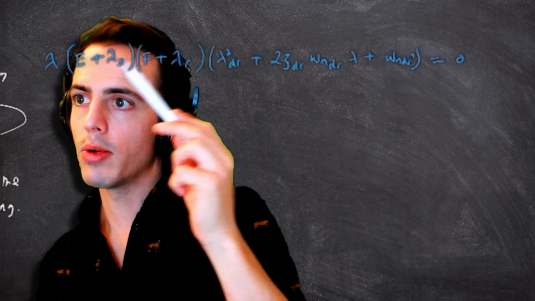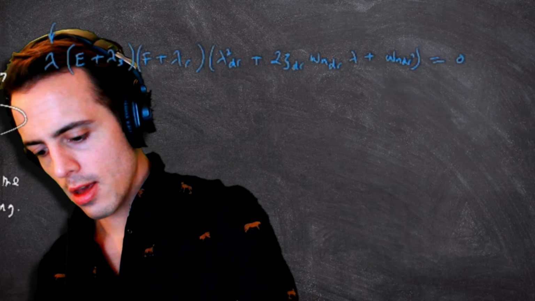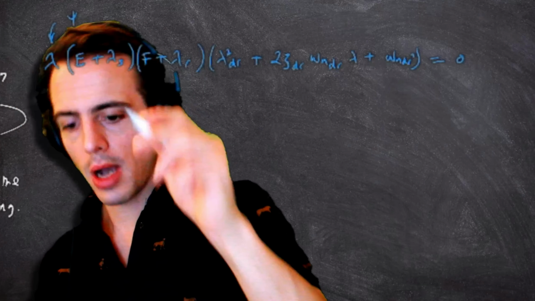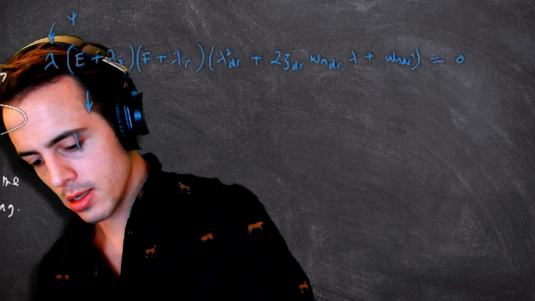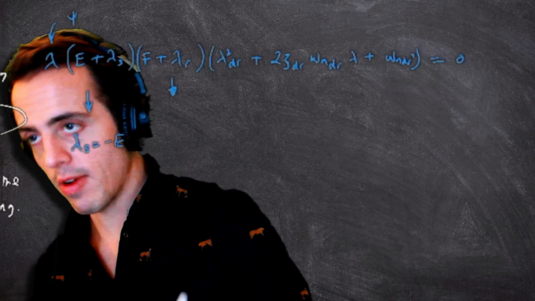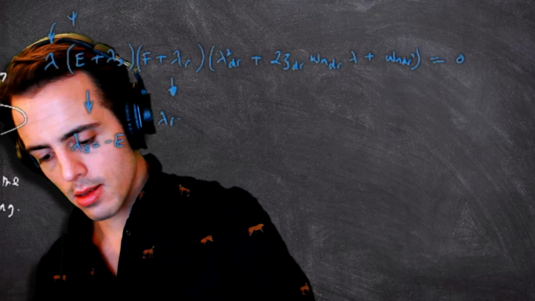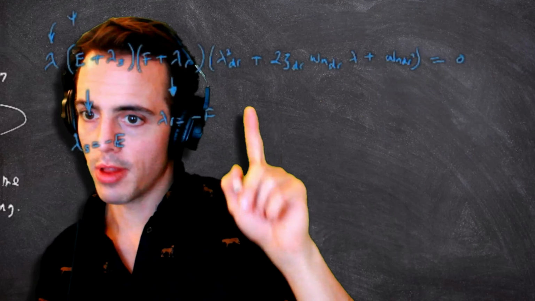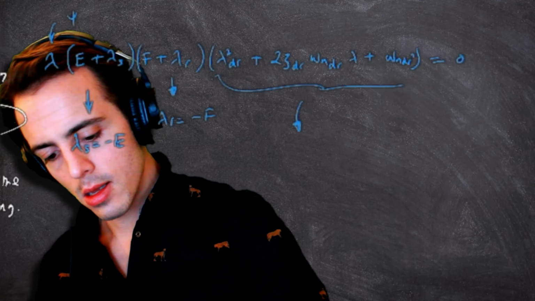So we've got our characteristic equation that we can represent like this. Again, this is just the fact that the aircraft can change heading. We've then got the spiral mode. So the eigenvalue associated with the spiral mode is just a real number. It's equal to minus e. The eigenvalue associated with the roll mode is equal to minus f. And then in this case, we can remember this one's going to be a complex pair.